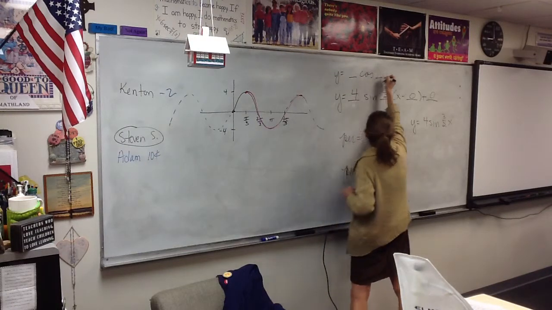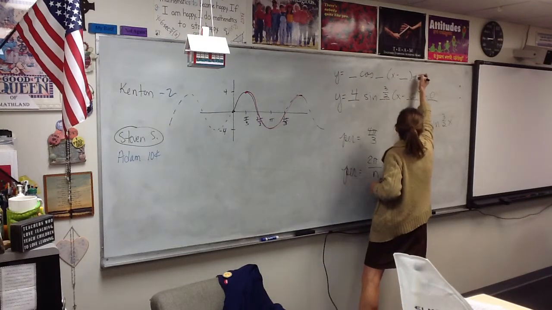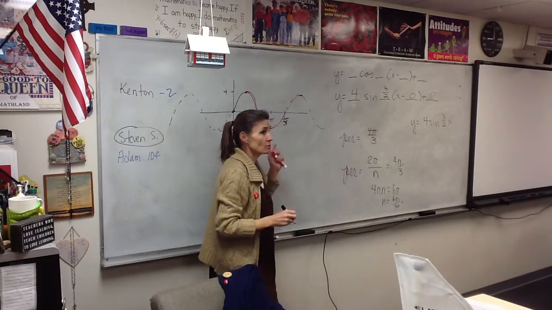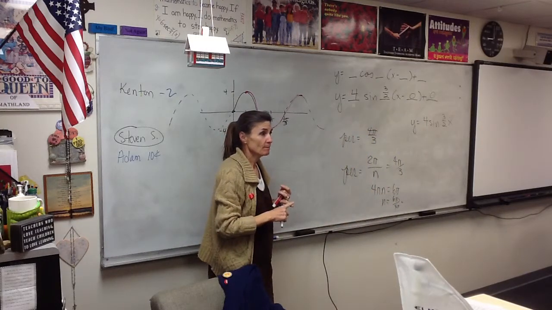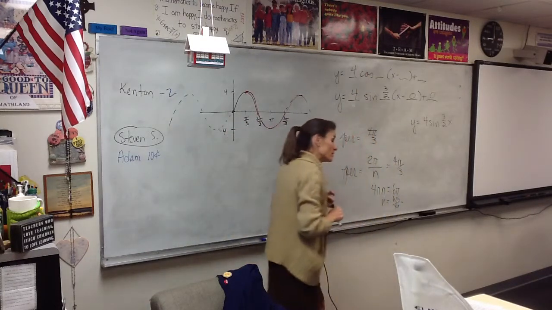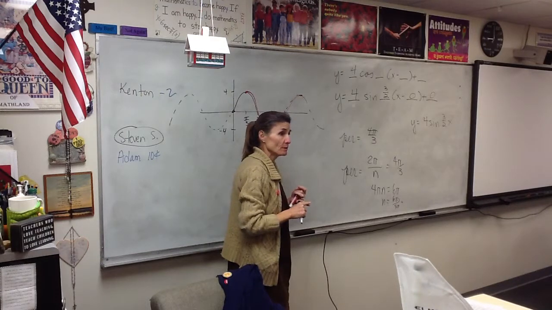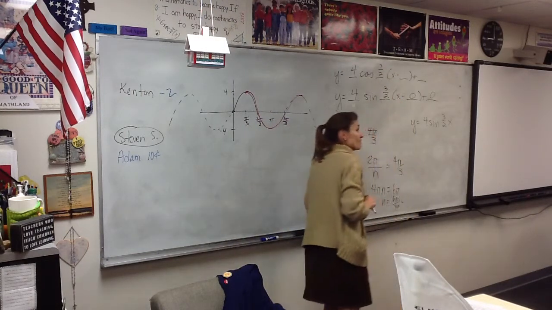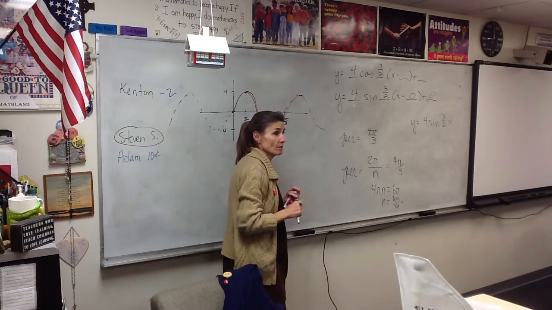Well, you're going to have all the same blanks. And the good news is, if I look at that as a cosine, has the amplitude changed? No, so that's still a 4. Has the period changed? No, so that's still a 3/2. Has the vertical shift changed?